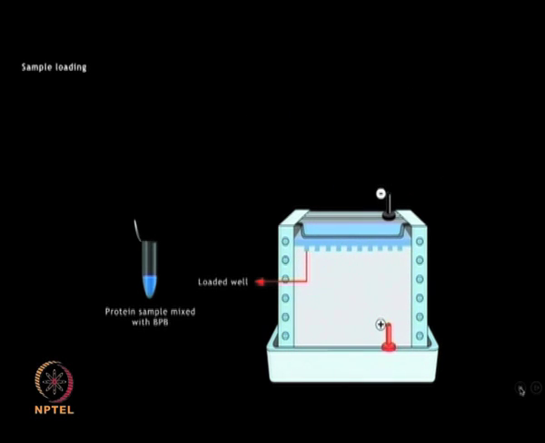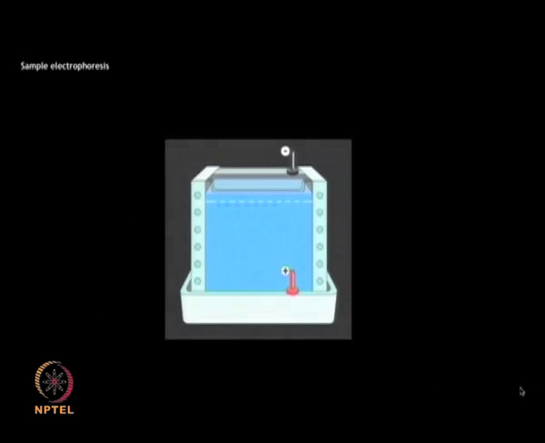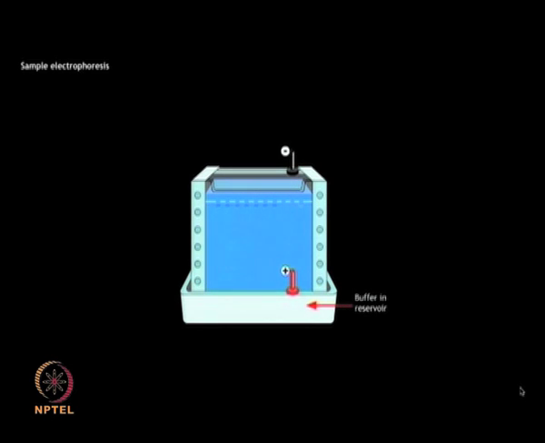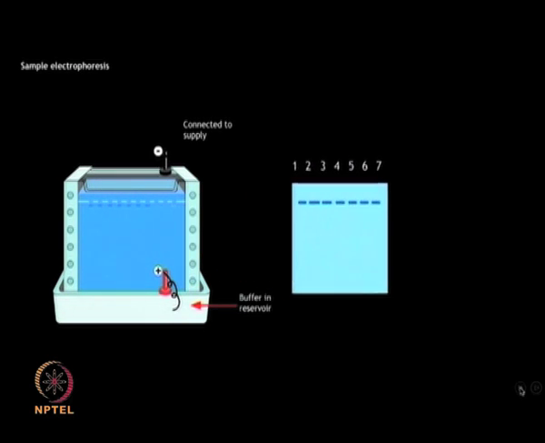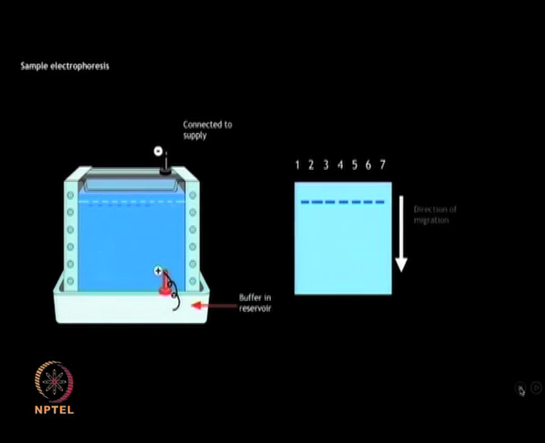Once all the samples are loaded, this unit can be placed into the electrophoretic unit and a direct current supply of around 100 to 350 volts can be passed, depending upon the size of the gel, for a time sufficient to separate the protein mixture into discrete bands based on their charge to mass ratio.